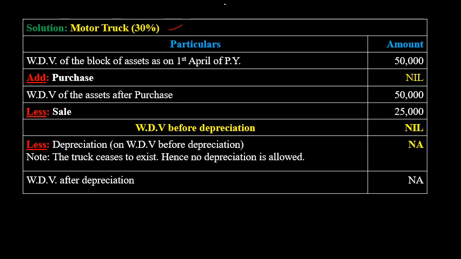But here SSC was the owner of only one truck, and that was sold in the previous year, so written down value before depreciation is nil, because the motor truck is not with the owner. So that's all about the calculation of depreciation. Thank you very much.